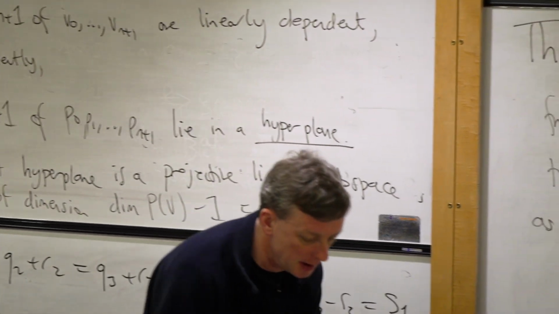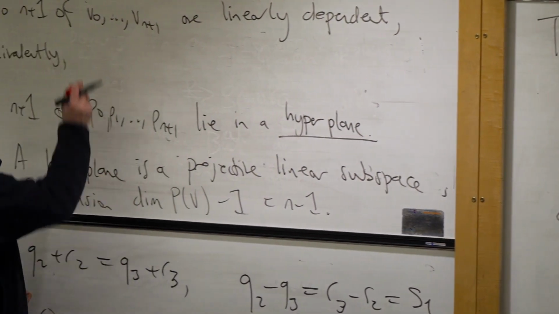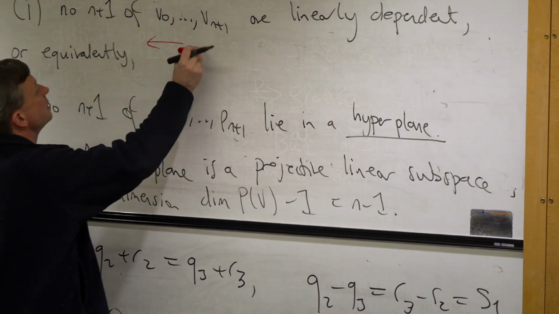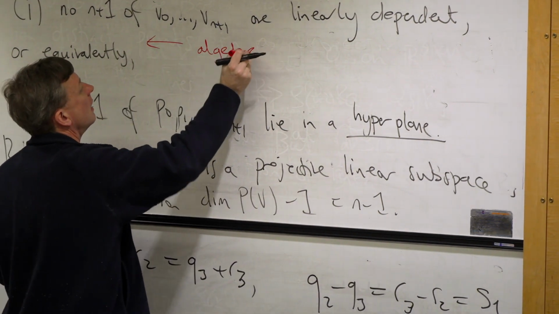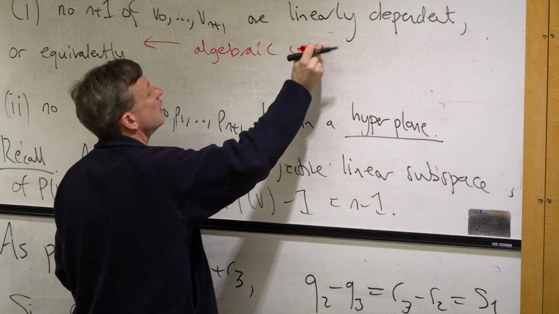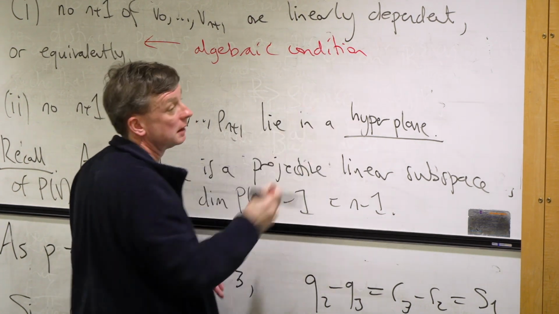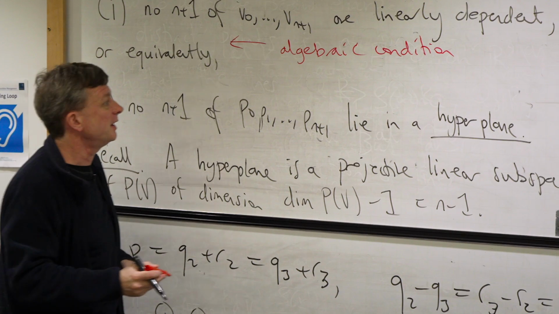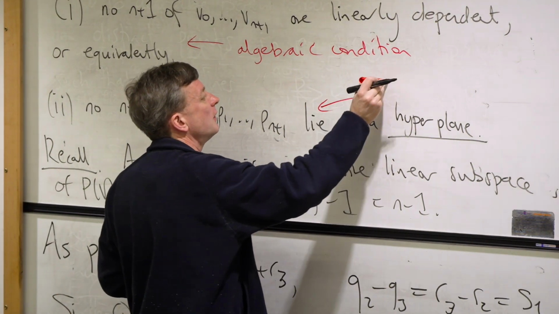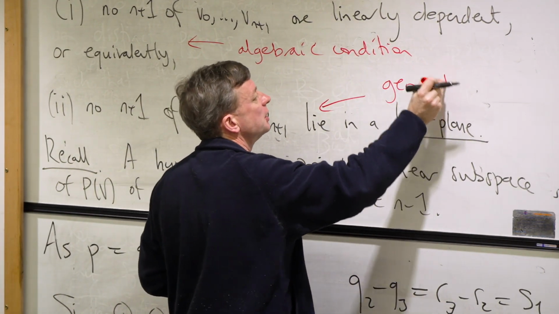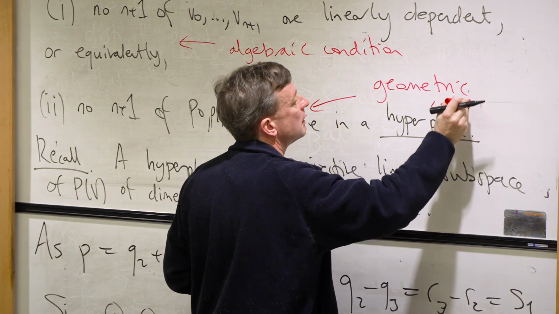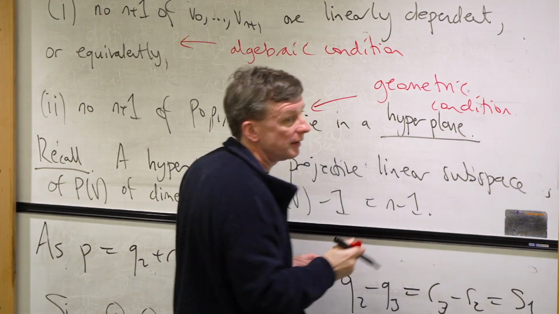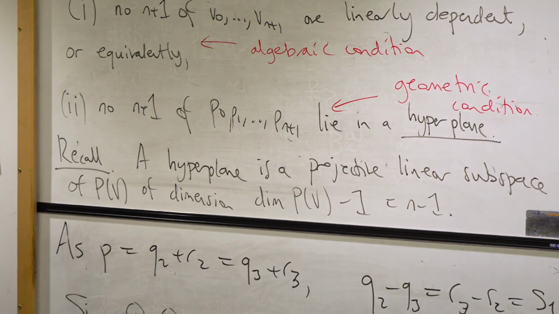Okay, so let's note that this is an algebraic condition. It's about linear algebra, linear dependence of vectors, whereas this one is an equivalent geometric condition. It's about points lying in planes and things.